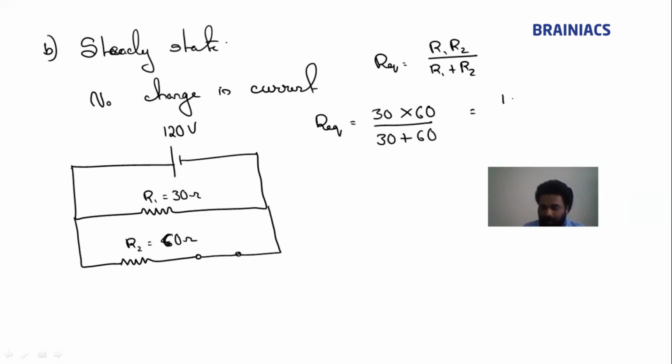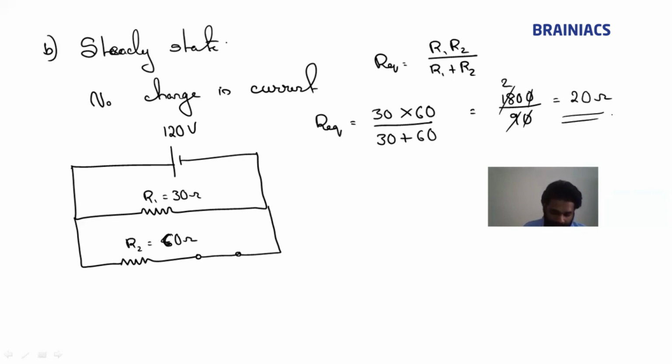So 1800 divided by 90, which gives 20 ohm. 20 ohm is the equivalent resistance. Correct?